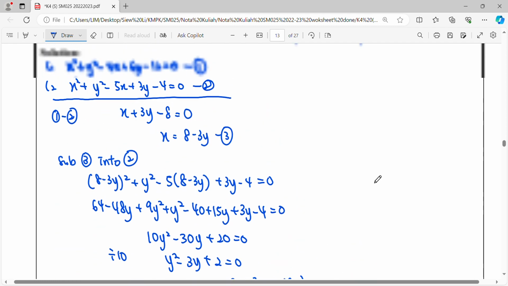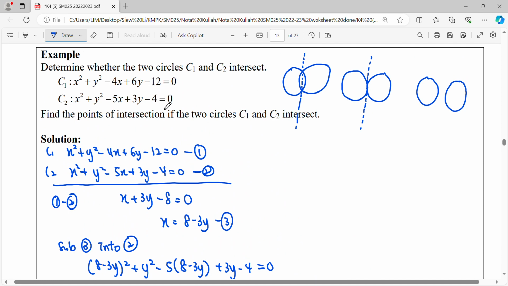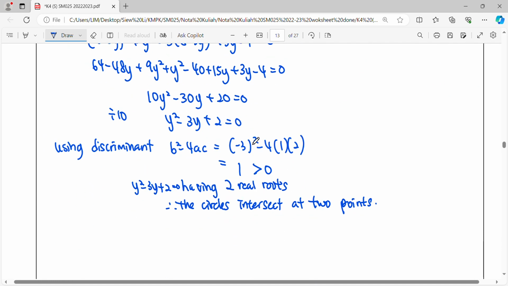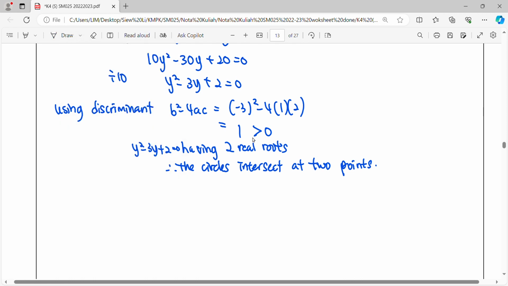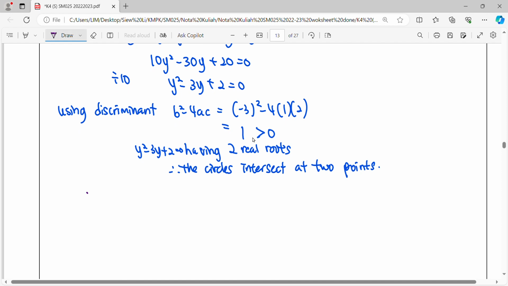Then we proceed to solve that quadratic in order to find the points of intersection. So continuing from the quadratic y squared minus 3y plus 2 equals 0, we know that we have two real roots. In solving, we get y equals 1 and y equals 2.